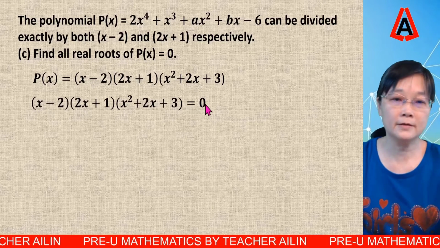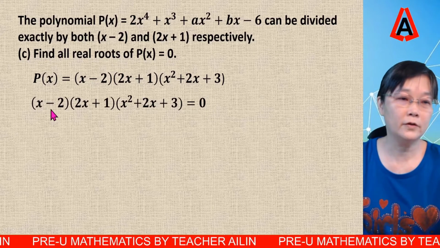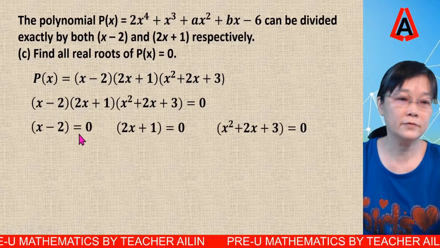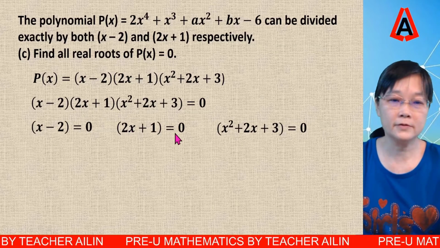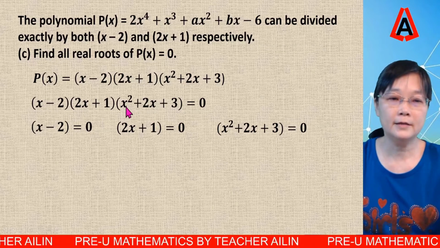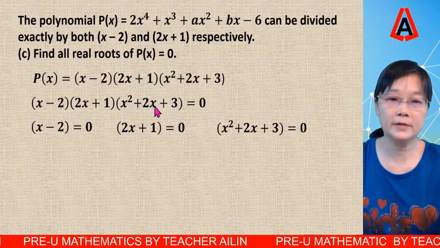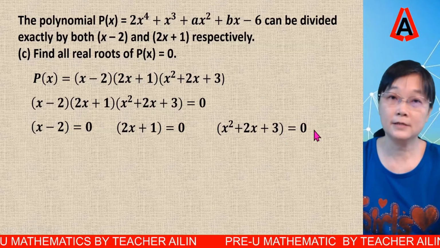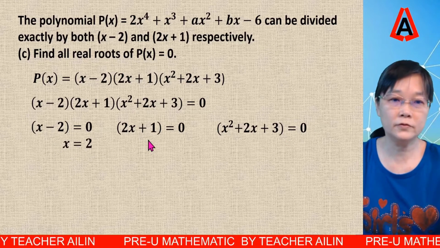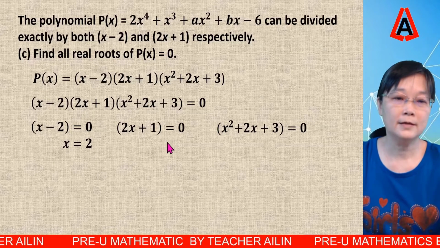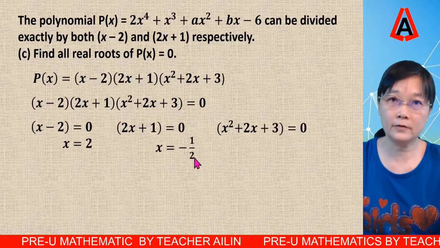So based on this equation, we know that x minus 2 is equal to 0, 2x plus 1 is also equal to 0, and x squared plus 2x plus 3 is equal to 0. So based on the first, x is equal to 2. Based on the second, x is equal to negative 1 over 2.